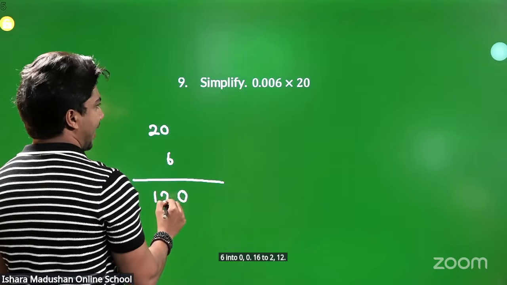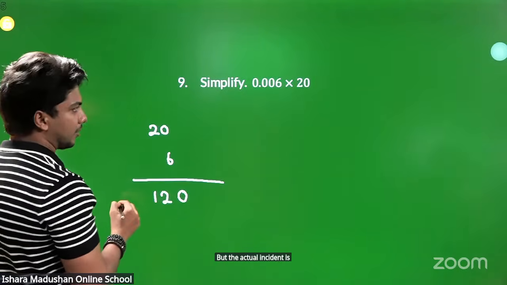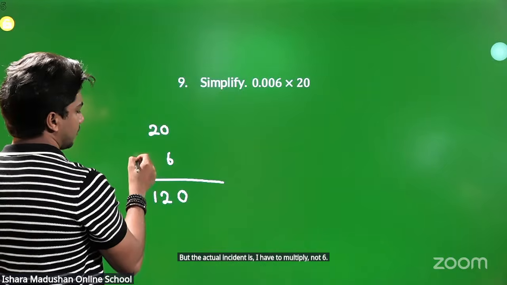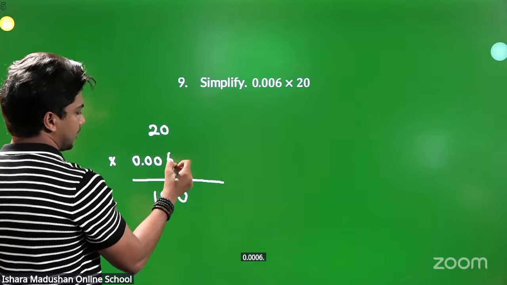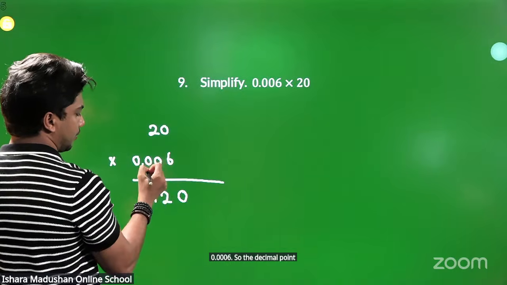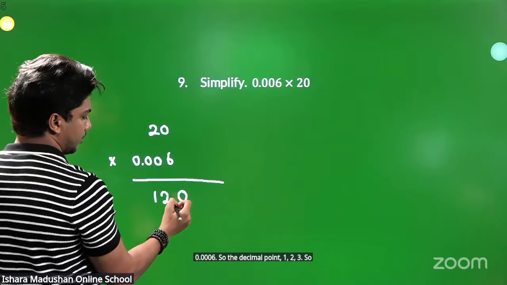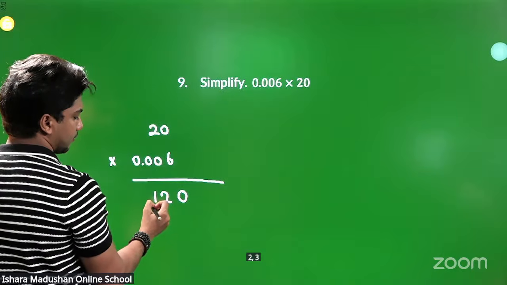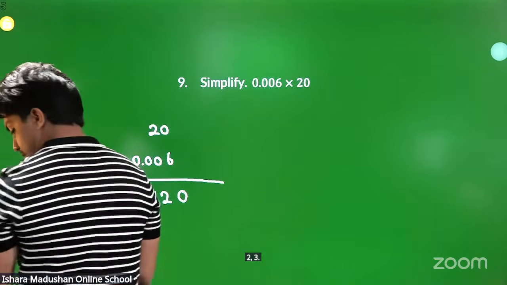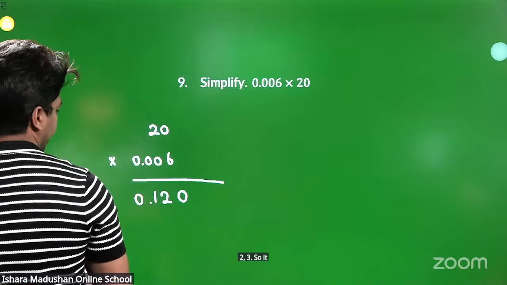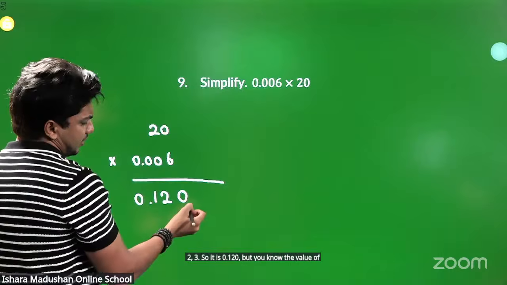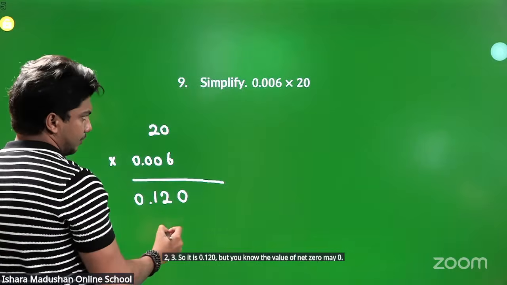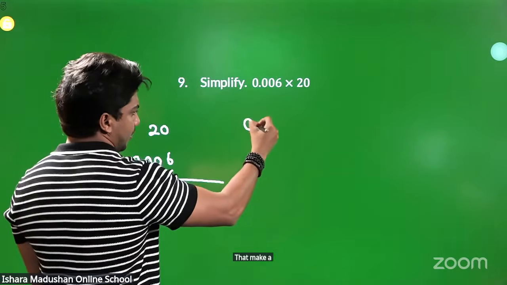But the actual number is not 6, it is 0.006. So the decimal point moves 1, 2, 3. So here 1, 2, 3. So it is 0.120. But you know, Puta, the value of this 0 has no value. Then make it 0. I can just write 0.12.